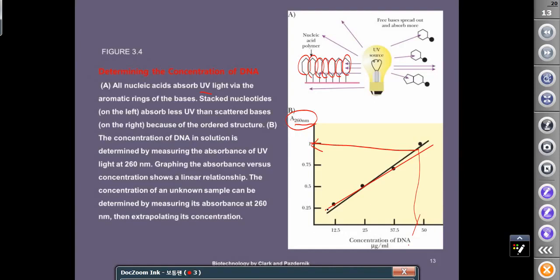So if you know the concentration of a certain sample, you can calibrate beforehand.